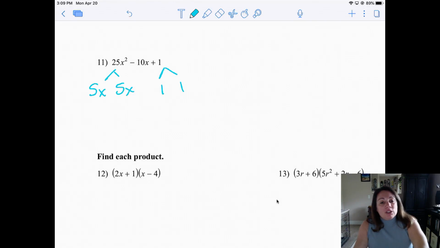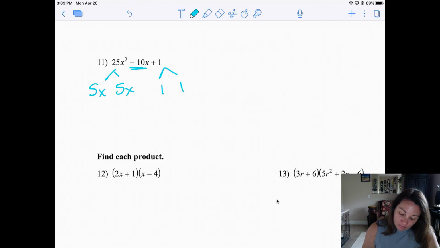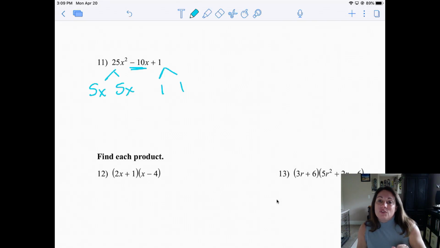Well, when you have a trinomial whose first term, the ax squared, and the last term, the c, are both perfect squares, and that middle term, b, equals 2 of those factors multiplied together, then it's what's called a perfect square trinomial.